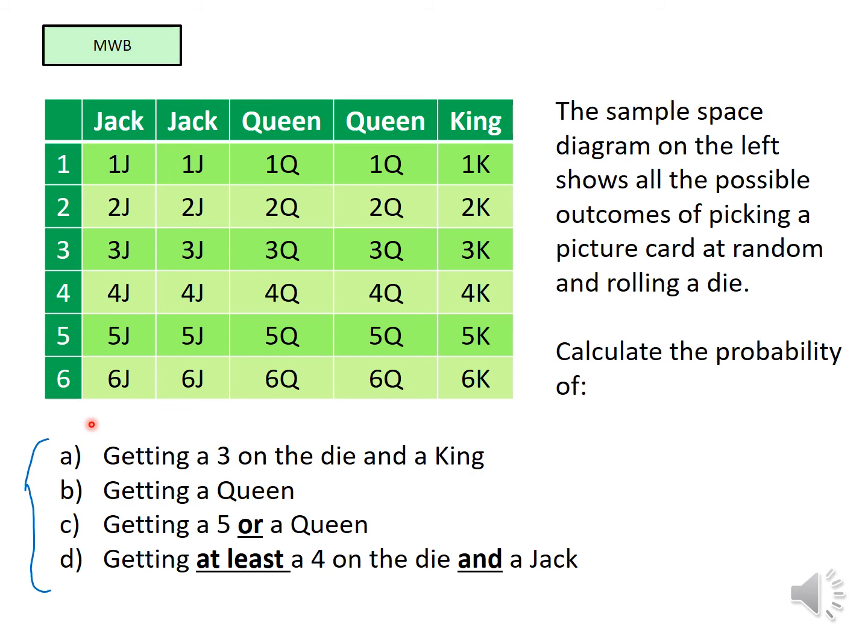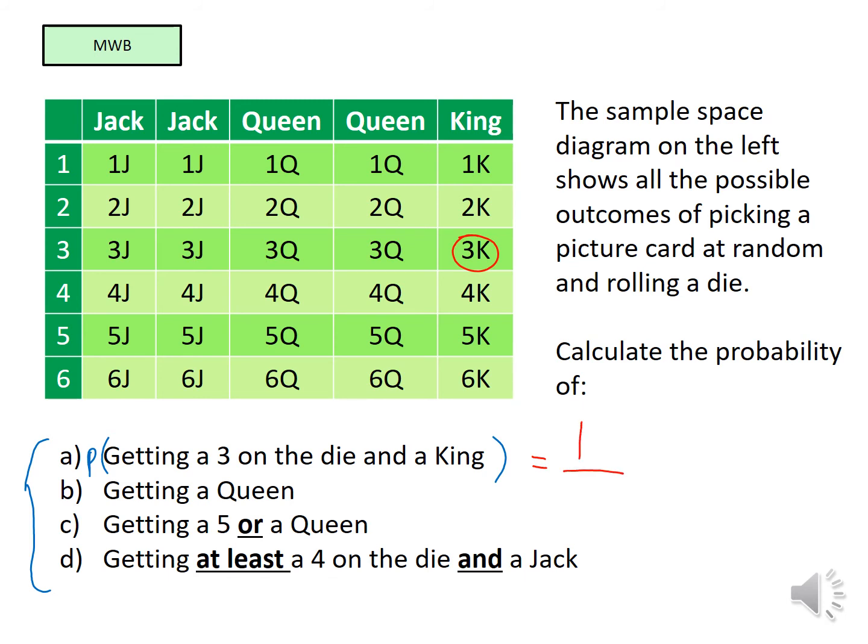Okay, welcome back. So the probability, I'm just going to denote it here. Probability of getting a 3 on the die and a king. So let's look for the ones where it has a 3 and a king. That will only be this one here. So probability to get 1 out of, let's calculate how many total outcomes we have.